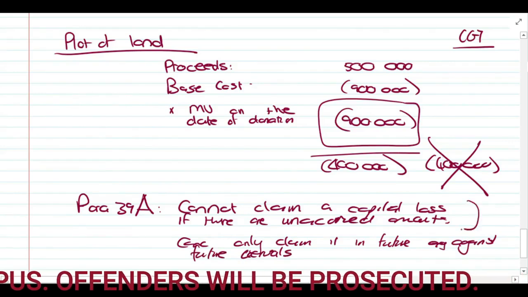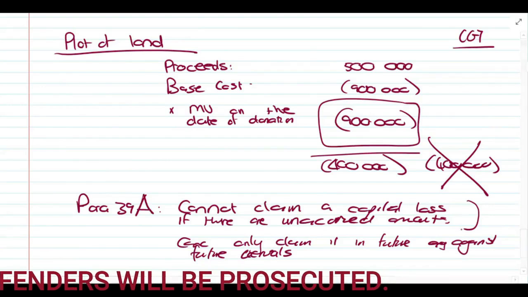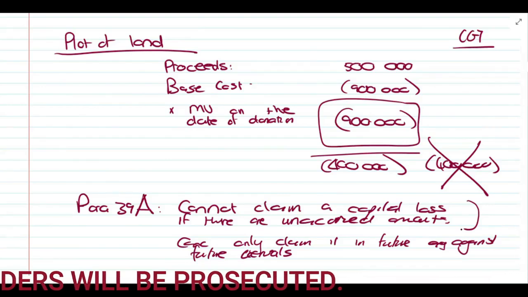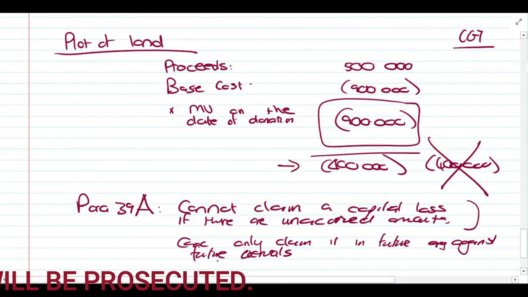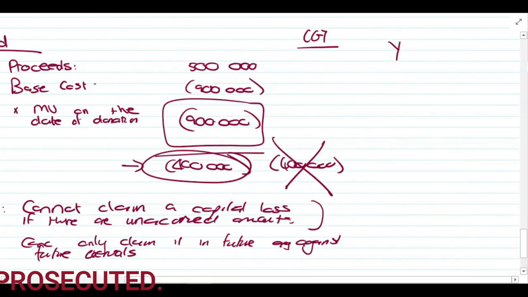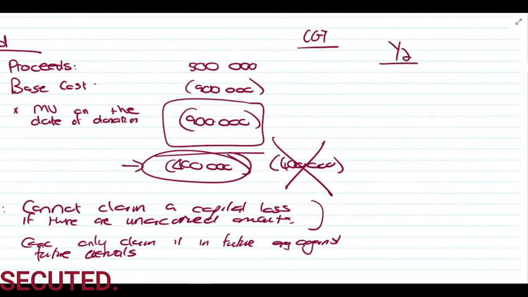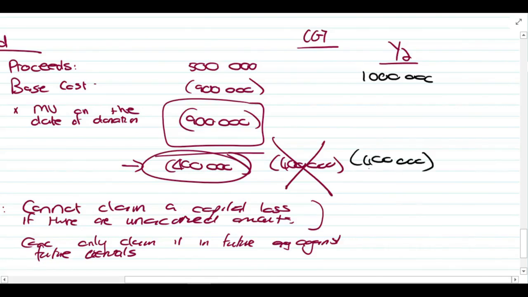Or if you know for a fact that you're not going to receive, so let's say this developer goes bankrupt, and you know for a fact you're not going to receive any further money, then you can claim it. Otherwise, let's say next year, so year 2, the developer gives you an extra million rands for this. Then you can knock that 400,000 rands off against that million and only have the 600,000.